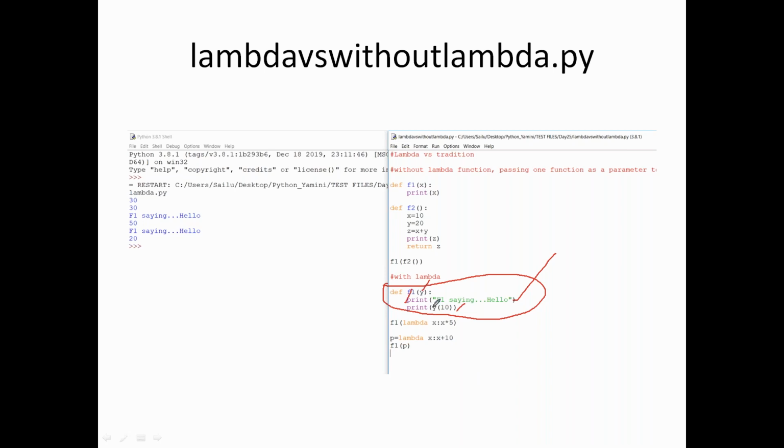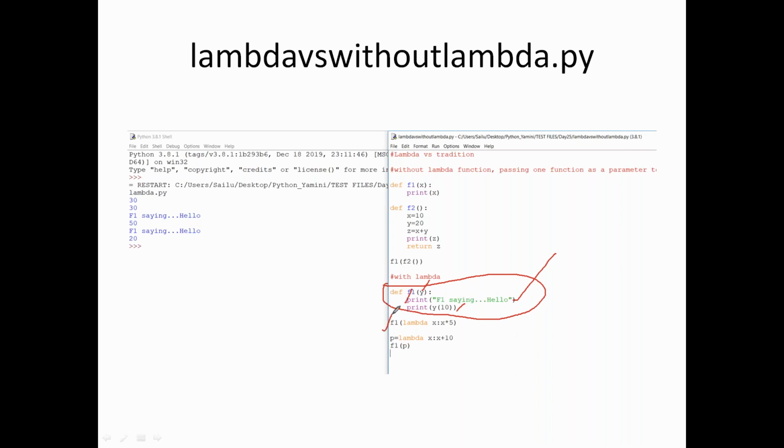Y is nothing but an argument, and in brackets 10 is the value you are passing to the function y, so y of 10 is nothing but 10 only, right?